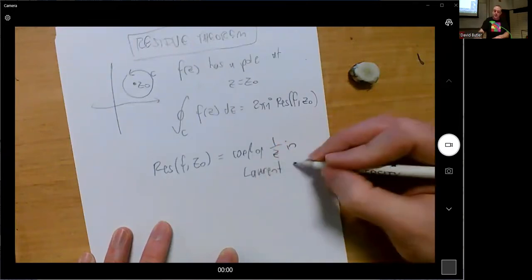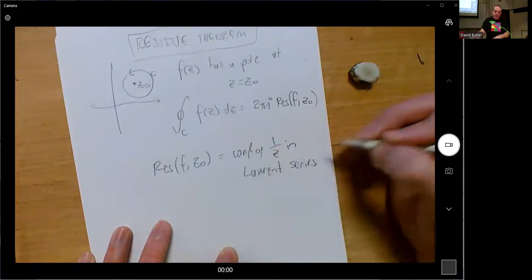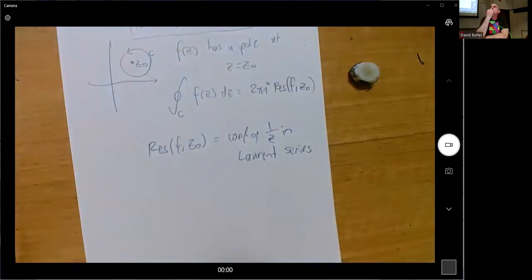L-A-U-R-E-N-T? Cool. Is that the only thing that the residue is, or is there anything else? There's like a derivative thing, isn't there? No, I don't believe it. Can I see?